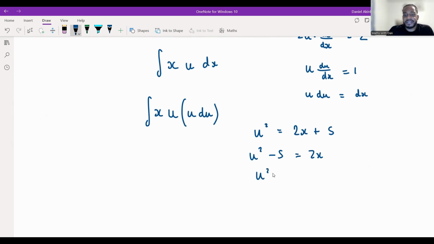That means that u squared take away 5 over 2 is x. So I can put that in there. So the question becomes, not x because I'm going to change that, it's going to be u squared take away 5 over 2, and then I've got the u there, and then u du, like that. Does that make sense, guys? So far? Before we continue?